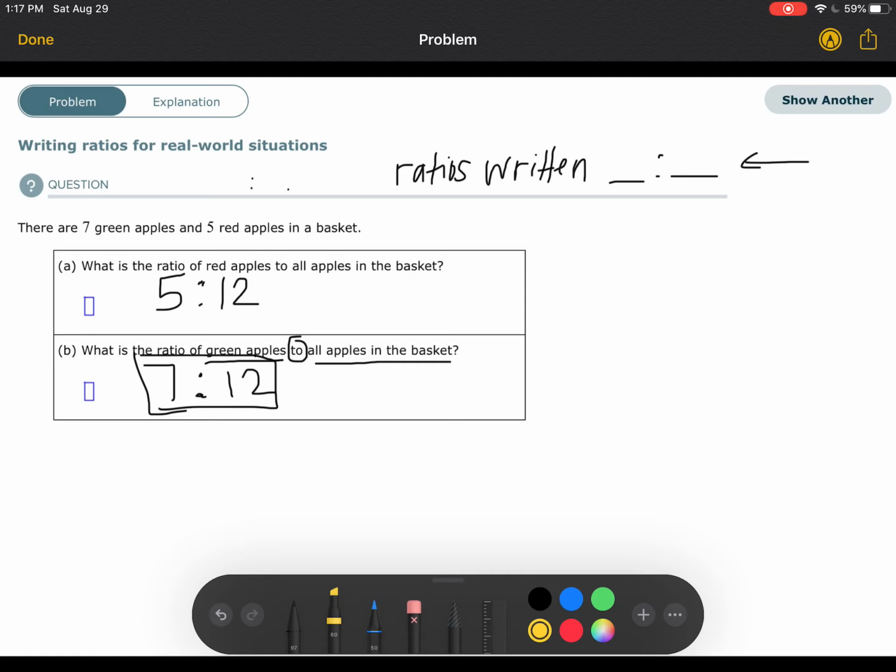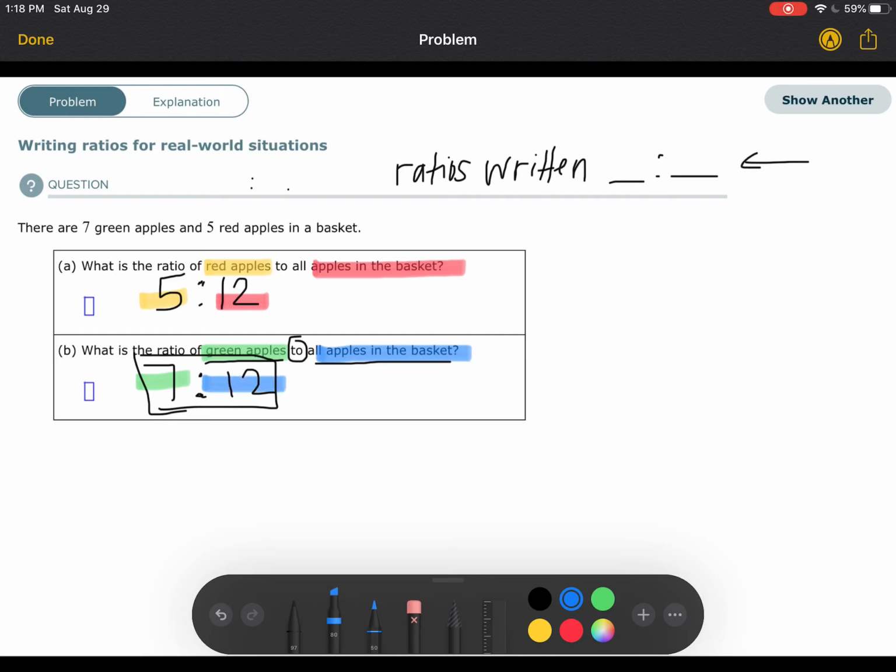At first it tells you, what is the ratio of, and it tells you red apples, and it tells you all the apples, right? You need to make sure that your answer is that answer to this answer. It needs to be in the same order. So, for example, let me actually do the color of the apple that it says. So, green apples to all the apples in the basket is in the same order here as green apples to all the apples in the basket.